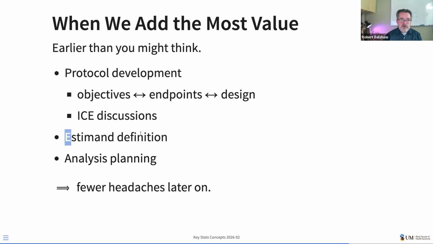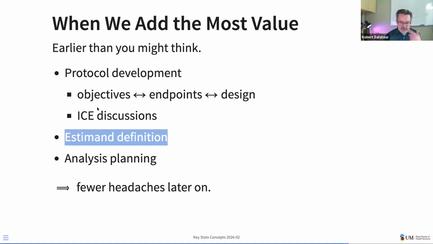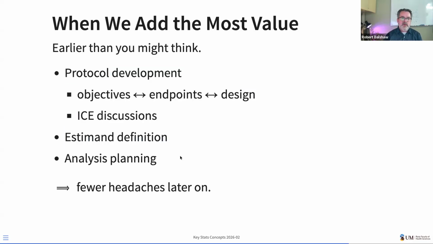And if we've had those conversations in advance, as we construct the protocol with you, analysis planning almost falls into your lap. The care with which we go through these earlier pieces leads to an effective analysis plan and far fewer headaches later on. I don't know how many trials I've been involved in where what I now would call an intercurrent event becomes the major stumbling block to understanding how we should best address an analysis.